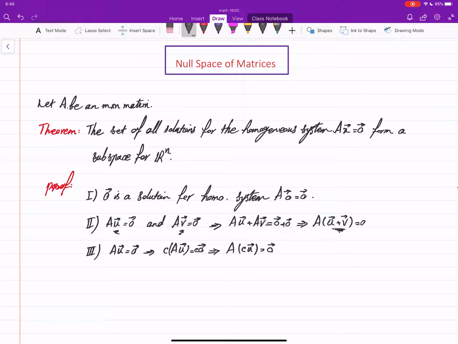What we showed is that if u is a solution, cu will be a solution. This way we have proven all three conditions, and that completes the proof. So the set of all solutions of a homogeneous system is a subspace.